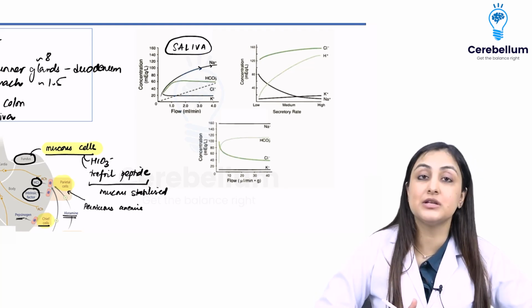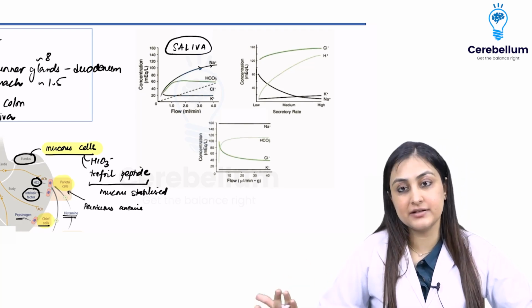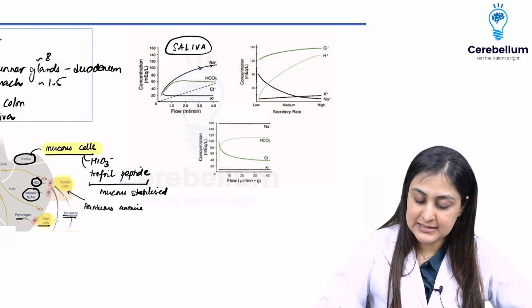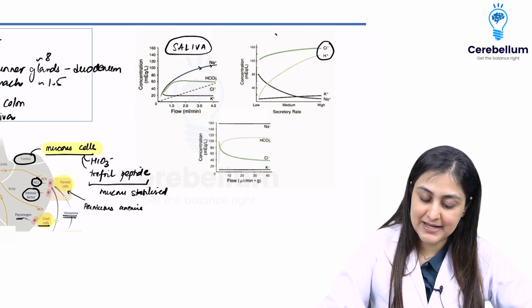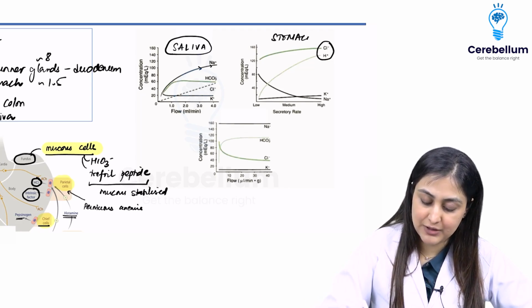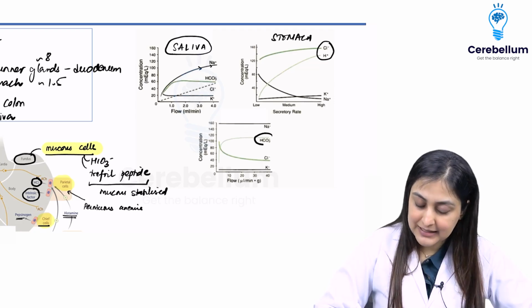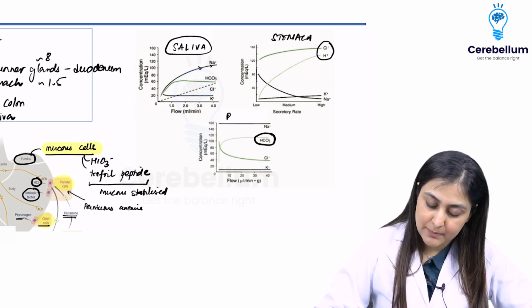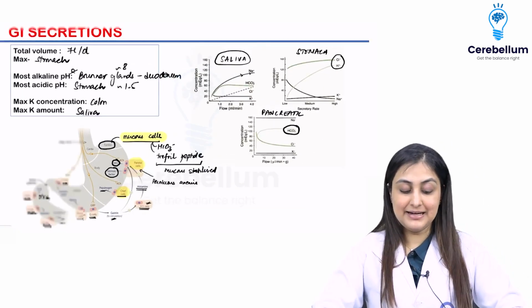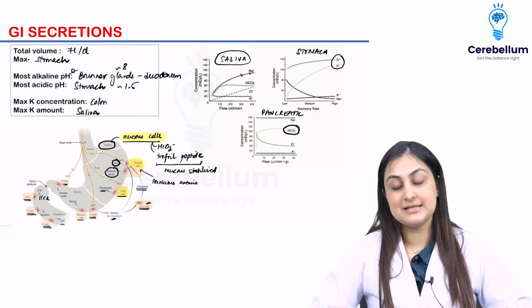The next one is the easiest because you have HCl which is maximum. So this is stomach. When you have bicarb which is maximum, this is your pancreatic secretions. This is how we basically identify all of these GI secretions.